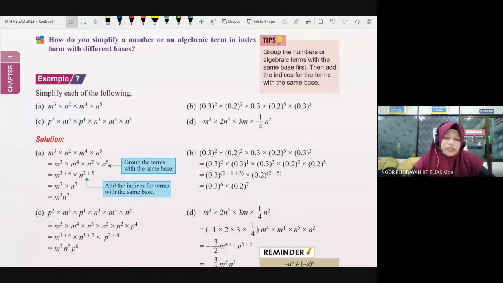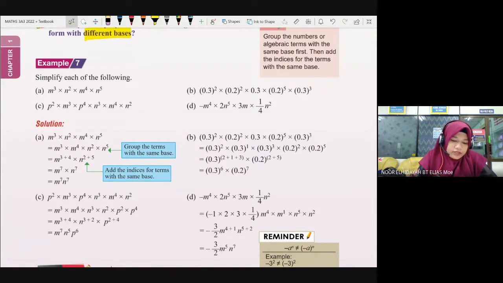Next kita akan tengok how do you simplify a number or algebraic term in index form with the different base. Tadi kita tengok example yang same base. Now the different base. Kita tengok this example 7. Simplify. Untuk A, M to the power of 3 times N to the power of 2 times M to the power of 4 and times N to the power of 5.